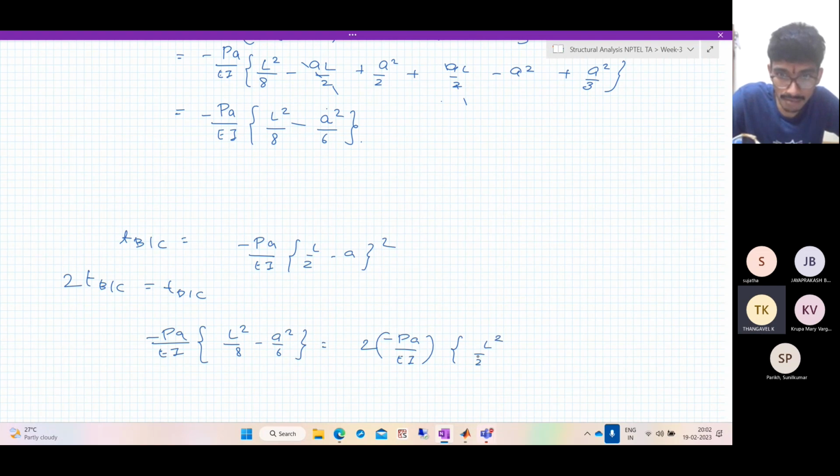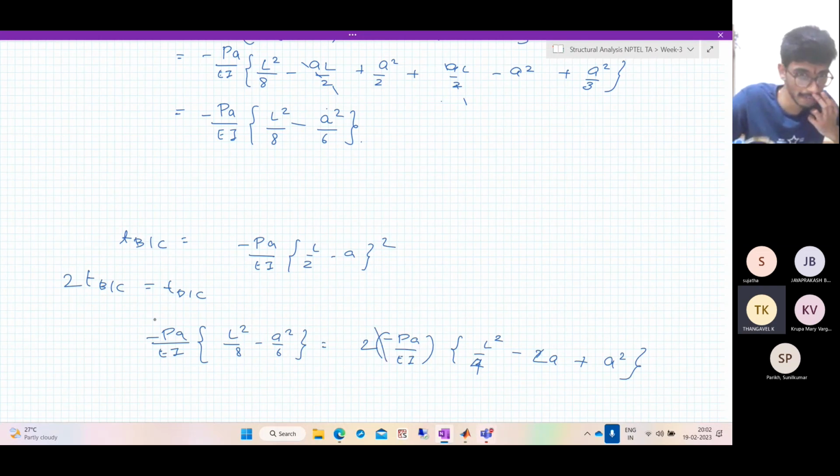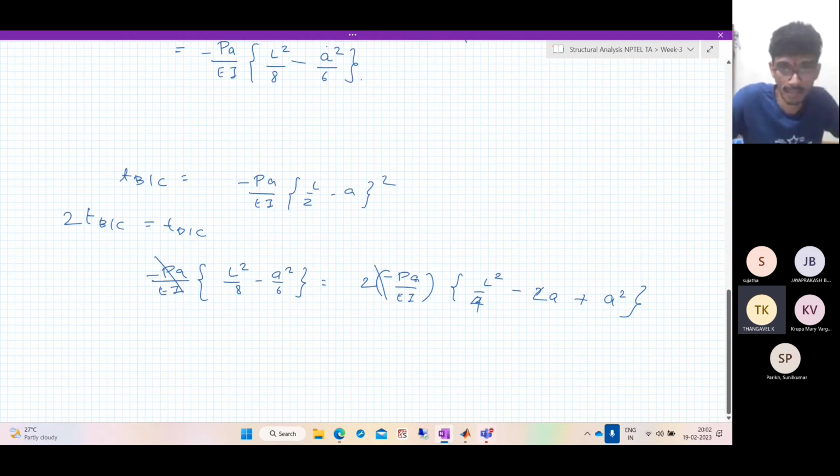So this is nothing but L square by 4 minus LA plus A square. PA by EI will get cancelled. We get L square by 8 minus A square by 6.